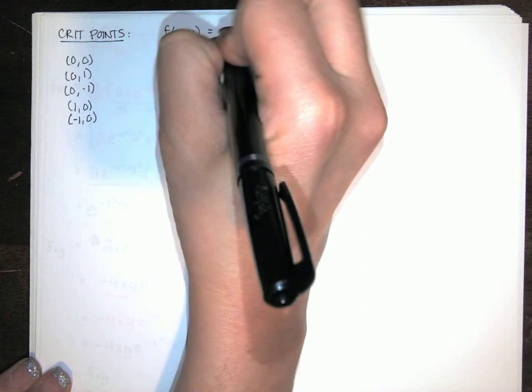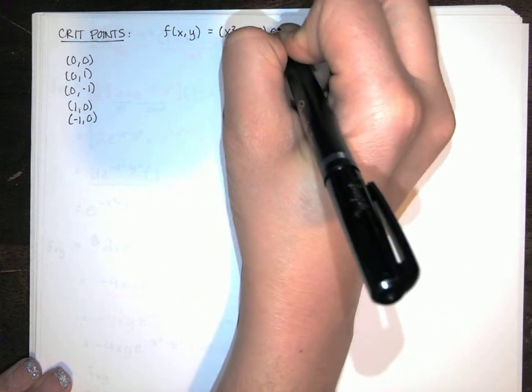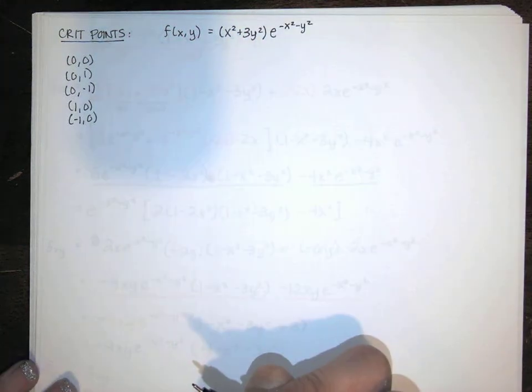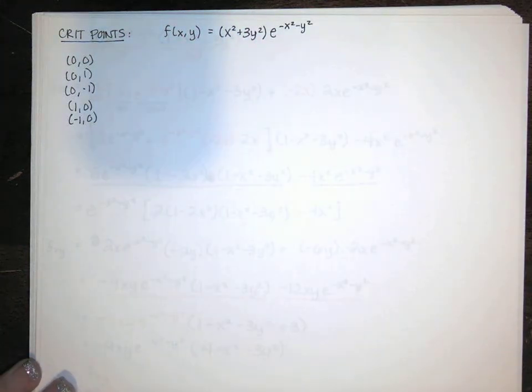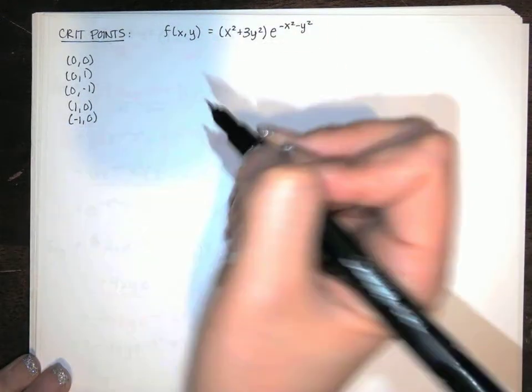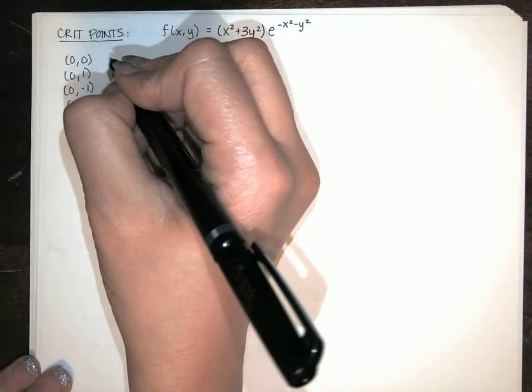And our original function was x squared plus 3y squared times e to the negative x squared minus y squared. Now we want to evaluate the Hessian at these points. And then we want the determinant of the Hessian, and then we'll do the second partials test for each point.